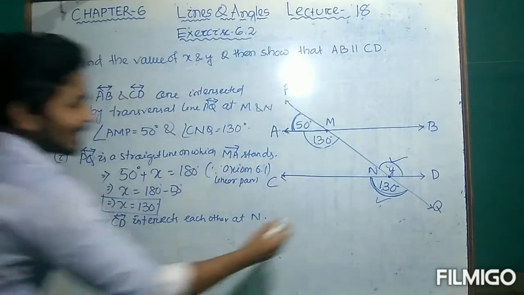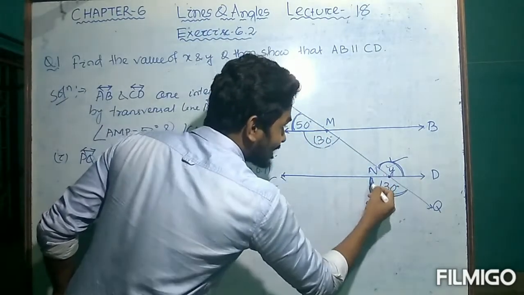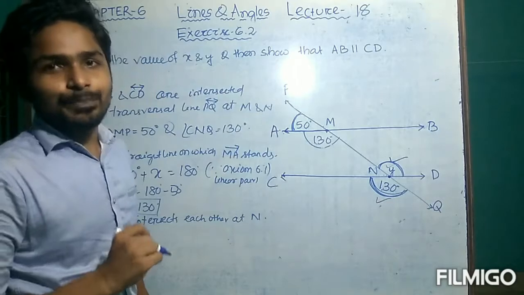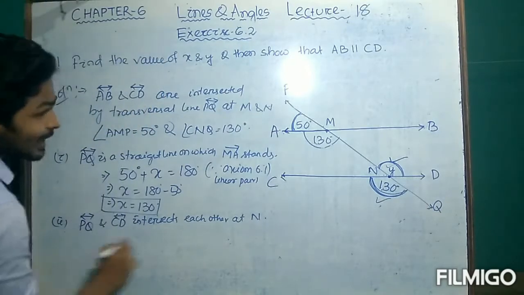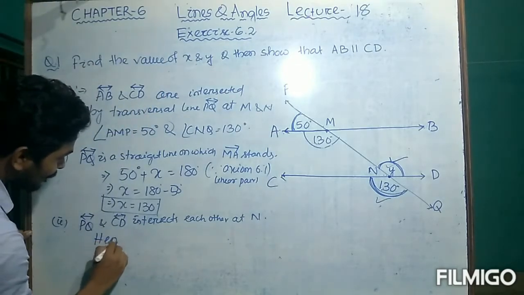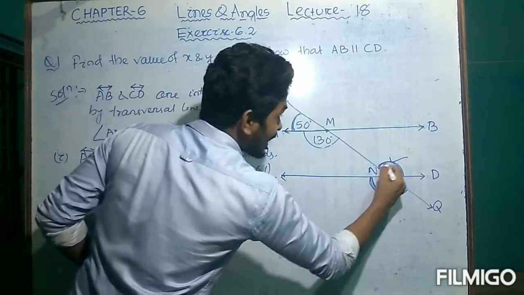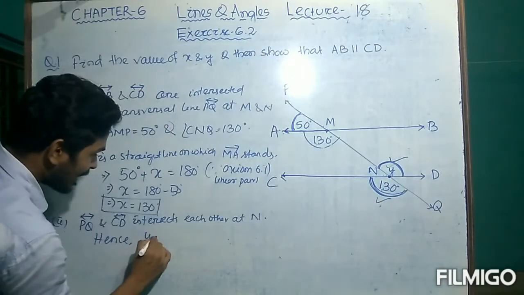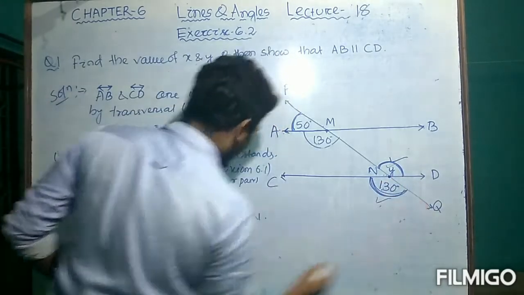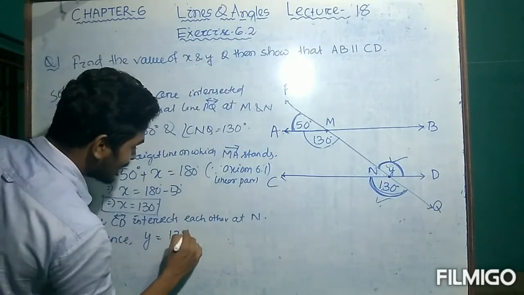So you can write that this angle and this angle are equal. Hence, this angle, angle y, is equal to this angle, 130 degrees.